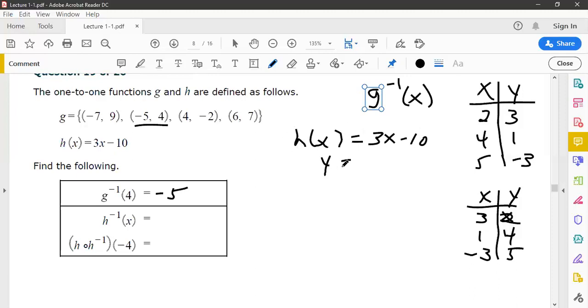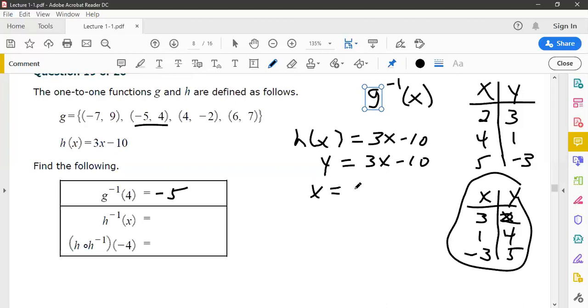So this is essentially y equals 3x minus 10. So when I'm finding the inverse of a function, when I'm given a polynomial, what I'm going to do is switch the x and y, because remember, when we're finding the inverse, x and y switch places. So this becomes x equals 3y minus 10. And what I do is solve for y.